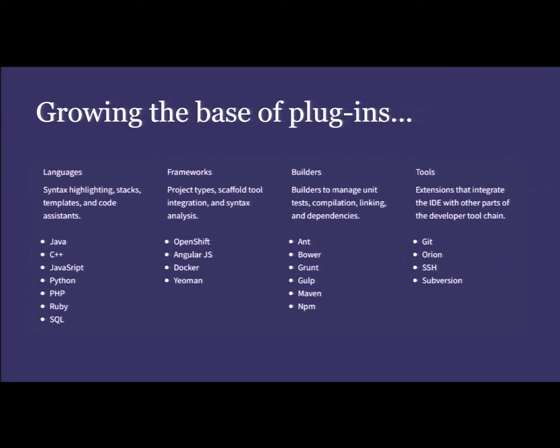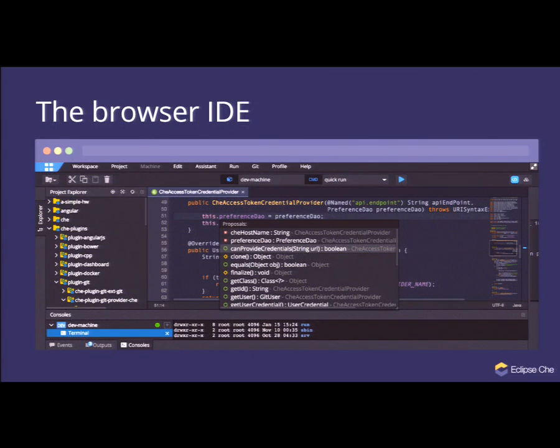And we almost always provide syntax highlighting because we are reusing Orion as the editor. So the editor that you saw inside of Che is Orion. And we have other plugins for frameworks, for builders, for Maven, and so on, Git and Subversion. And we keep adding to it, so it's growing.